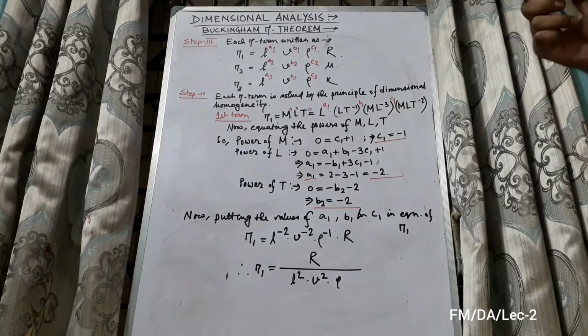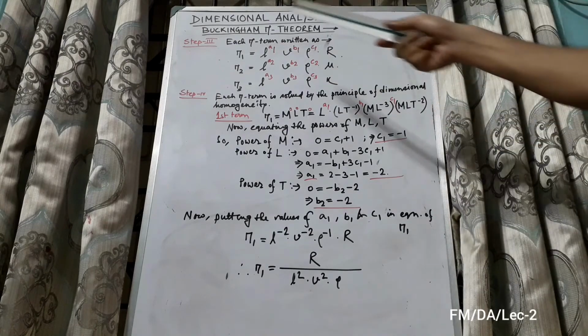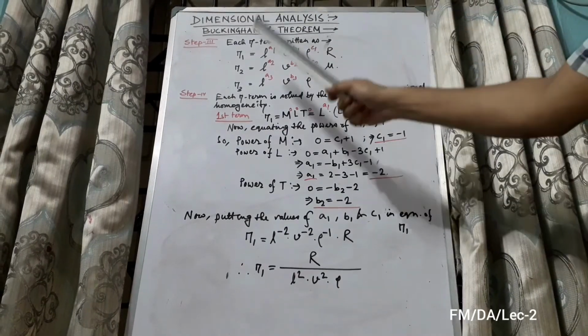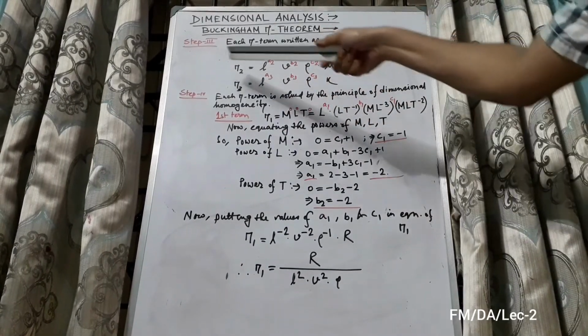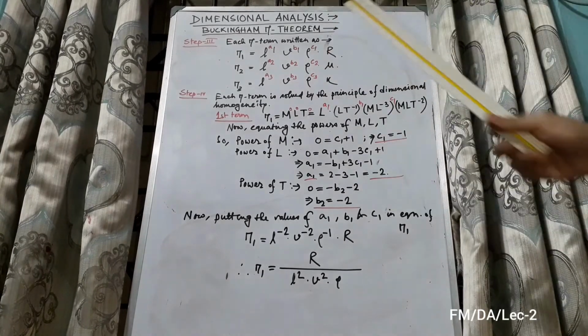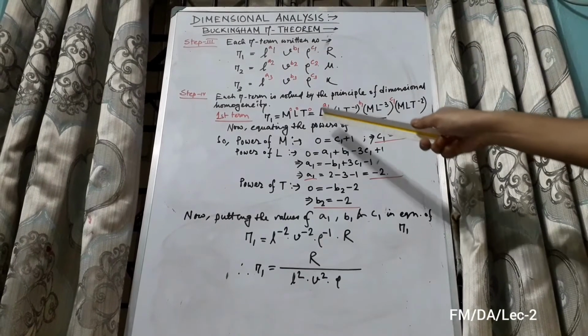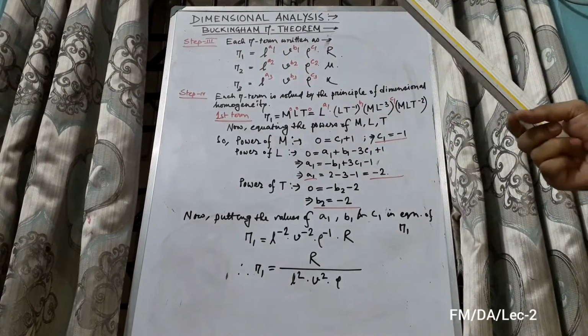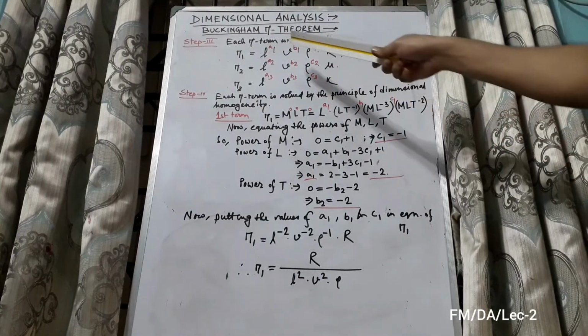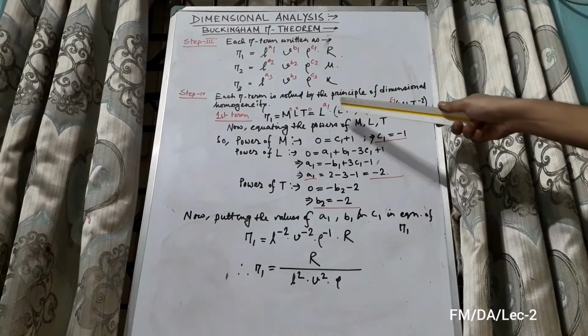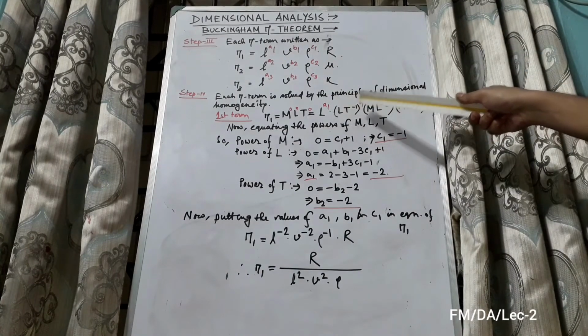Then we write the dimensions of these variables. We are considering this particular equation, pi 1. The dimension of L is L, the dimension of V is L T inverse.